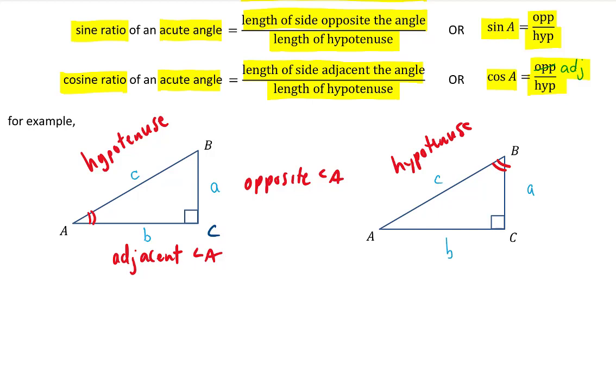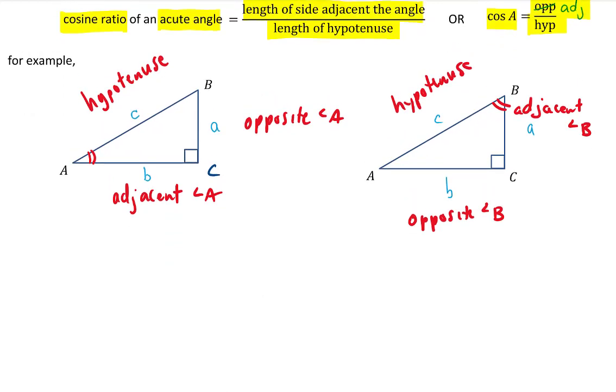However, we see across angle B is side b, and this is now opposite angle B, which means that this side here, BC, is adjacent to angle B. So this is just to help us name the sides that we're looking for.